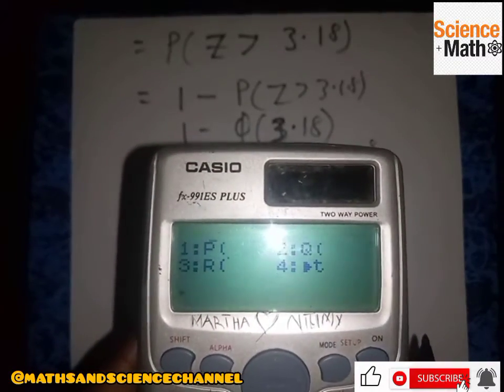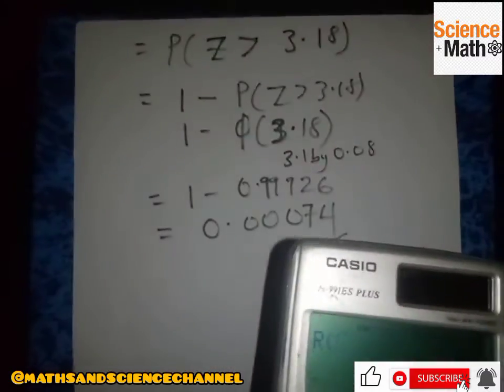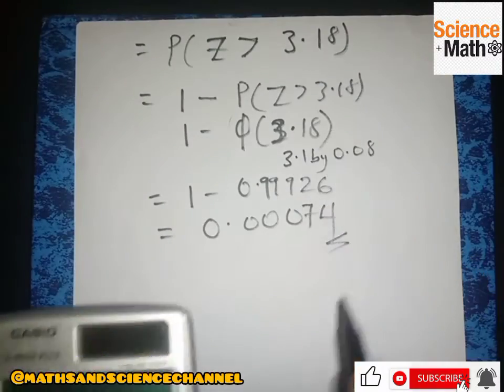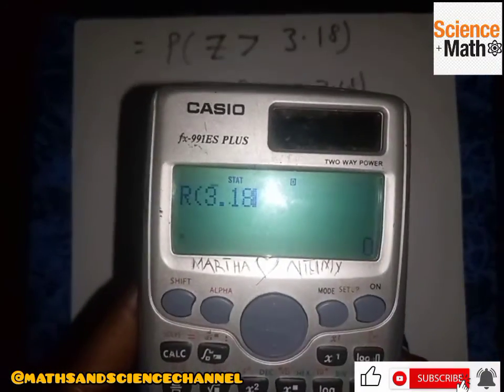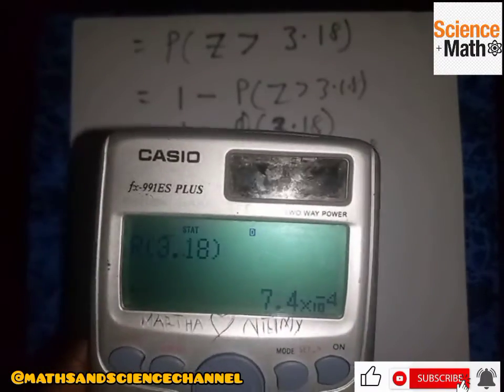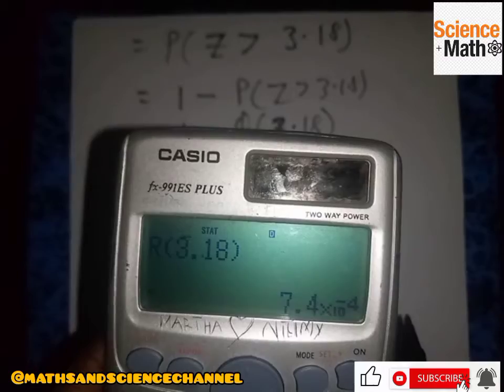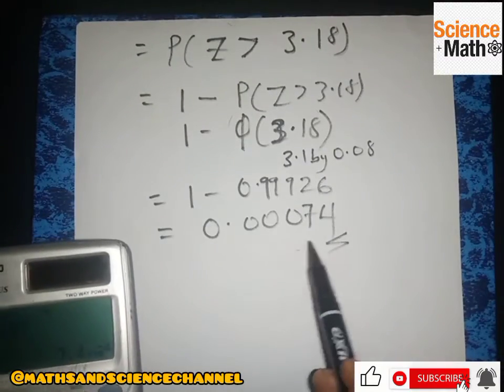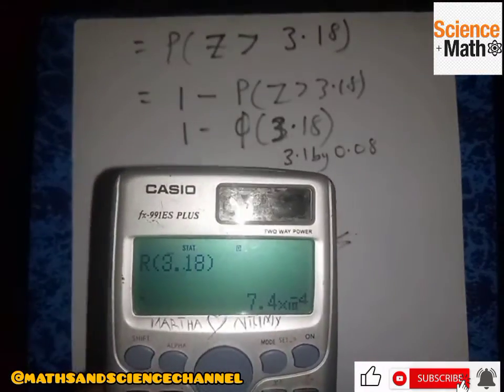So R is 3. When you choose 3, remember it is 3.18. So 3.18 here, and then we are just going to get 0.00074, which is what we add over here. So you can also use the calculator in doing this.